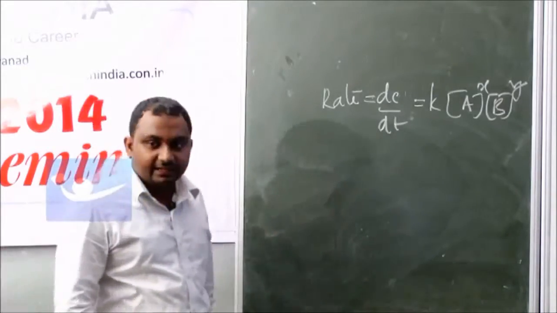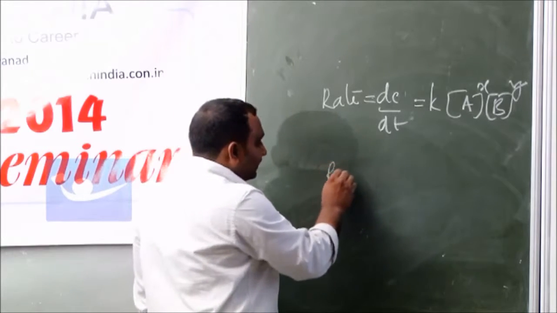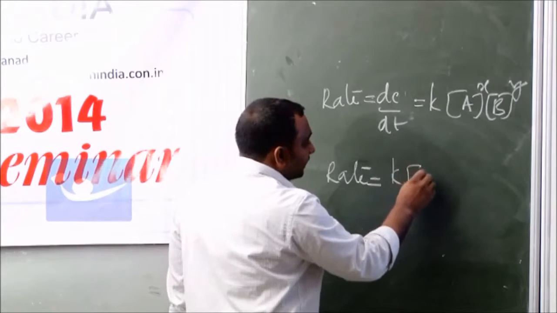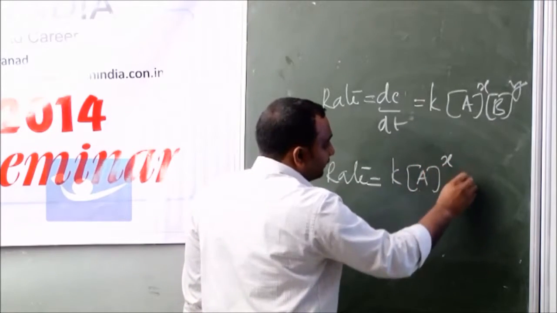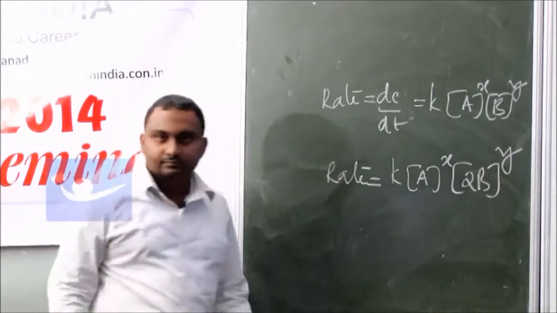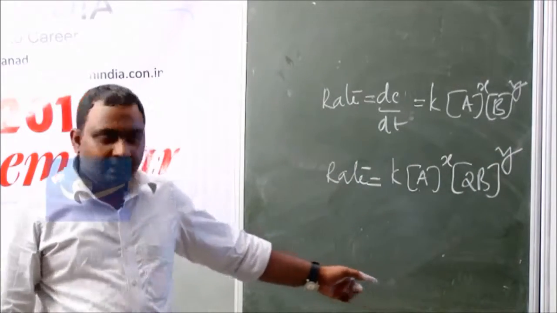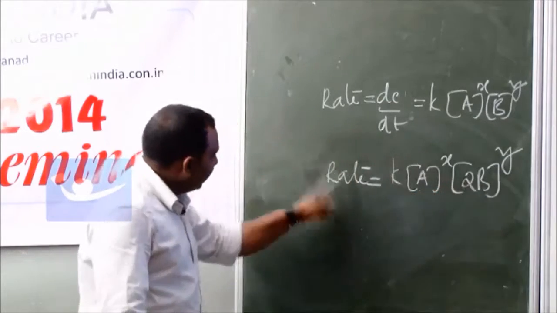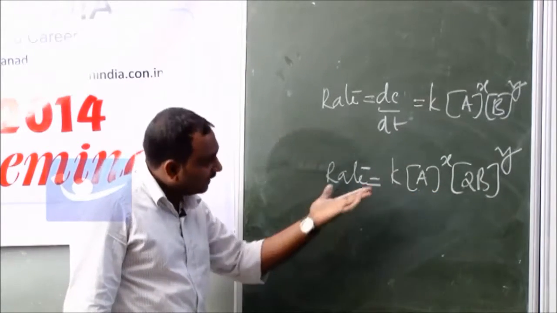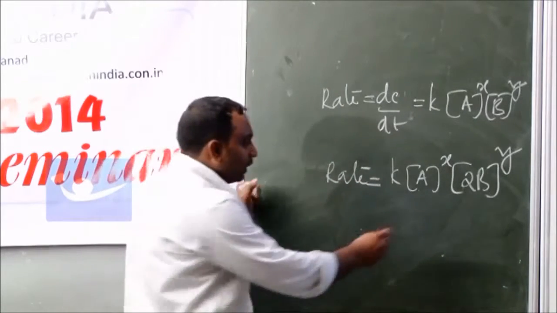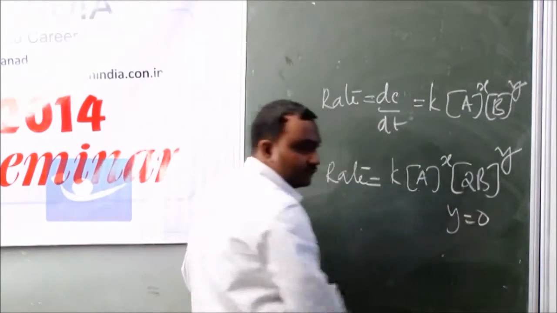The rate is as it is by increasing the molar concentration of B, right? So if you multiply B with 2 and you cannot see any effect, what is the value of Y then? Y is equal to 0.